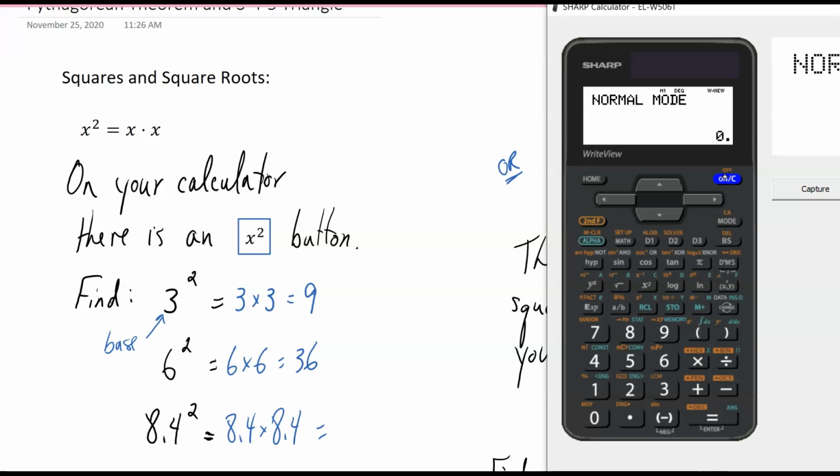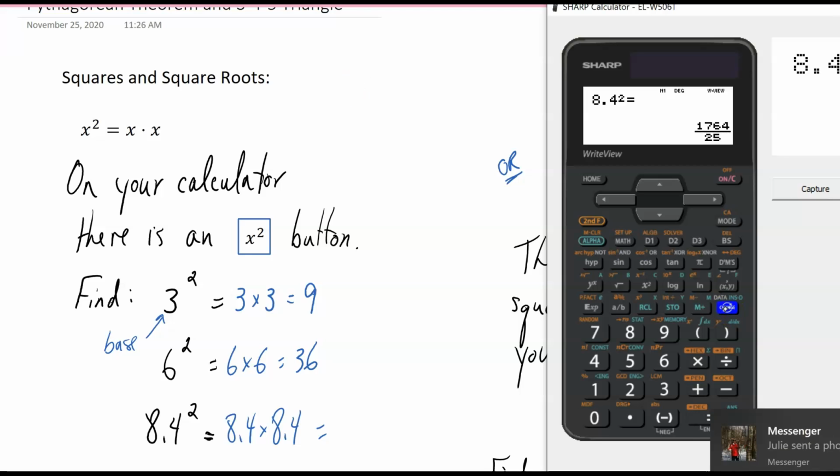This is 8.4 squared and equals. I will change it to a decimal. We'll see that the answer is 70.56.